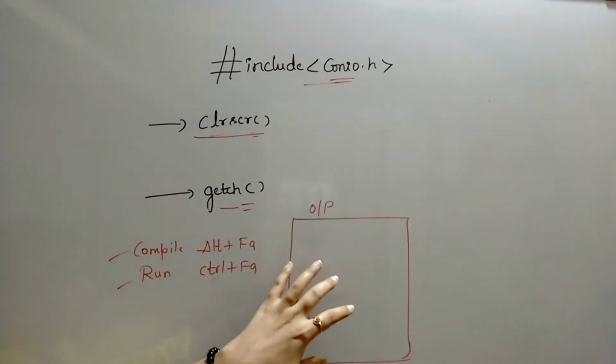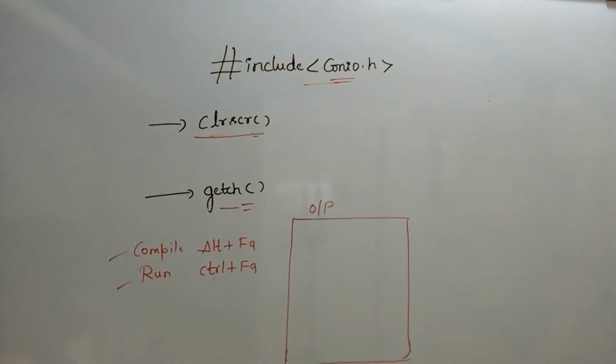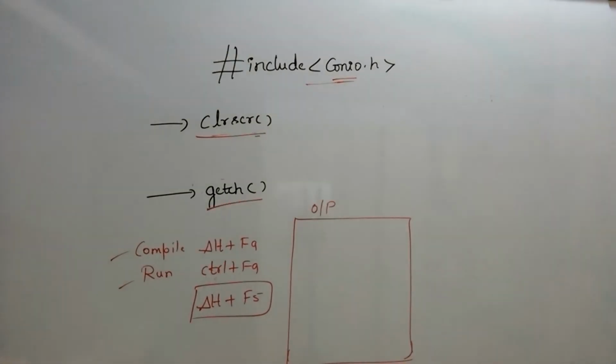So it won't allow the user to enter the input values. Again you have to press Alt F5 and then you get the output screen. Fine. To avoid this, we are going to use the getch function.